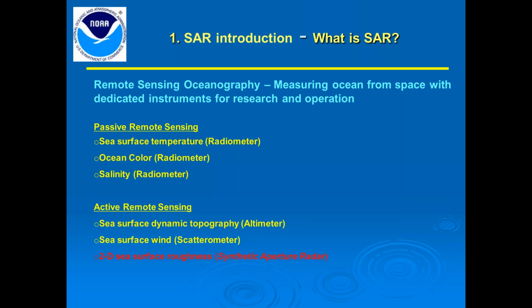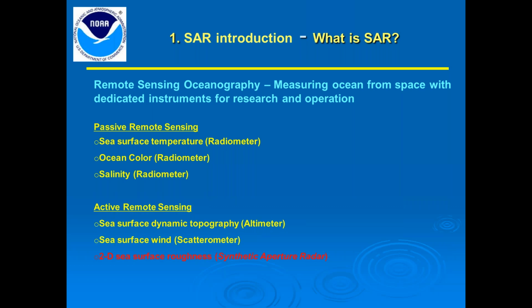For remote sensing observation of oceans, there are primarily 2 types of instruments. One we call the passive remote sensing instrument. Another one is called active. Those instruments were first flown on board the Seasat mission in 1978. For passive remote sensing, basically you observe ocean sea surface temperature, ocean color, salinity, and so on.